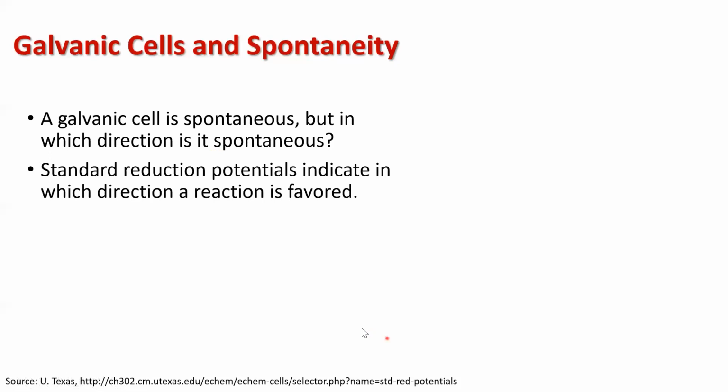So what we use are what are called standard reduction potential values to help us decide which way the reaction is favored. Is it favored in the forward direction, towards the right, or in the reverse direction, towards the left?